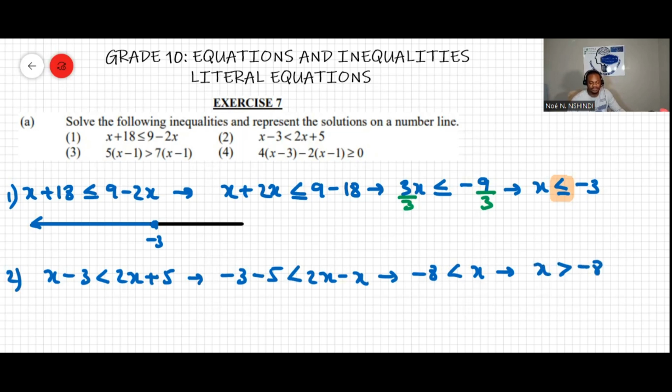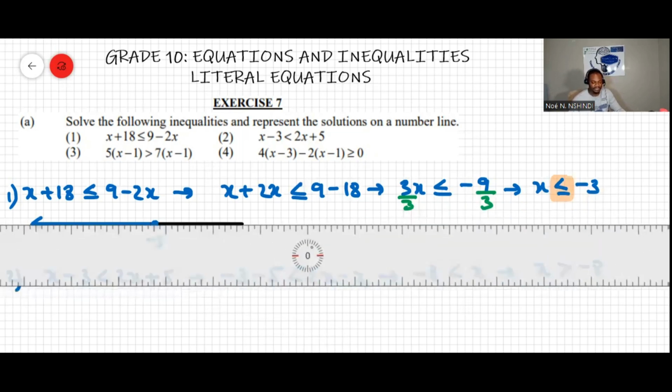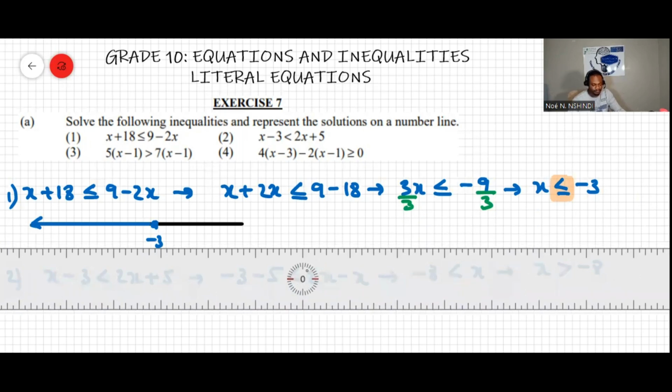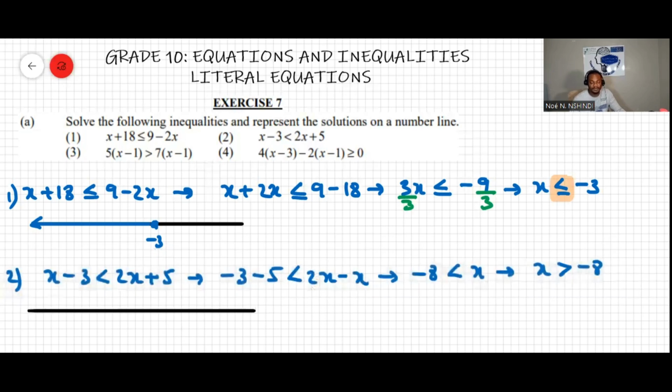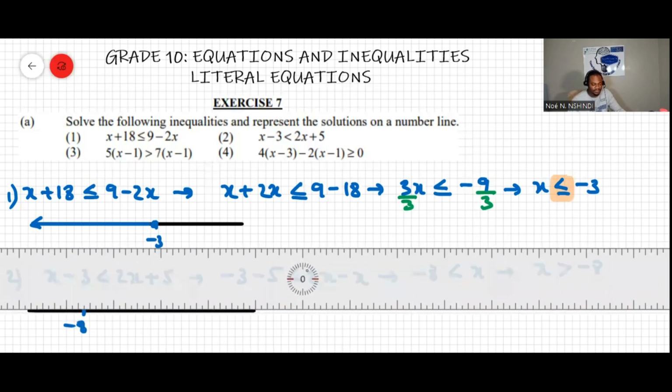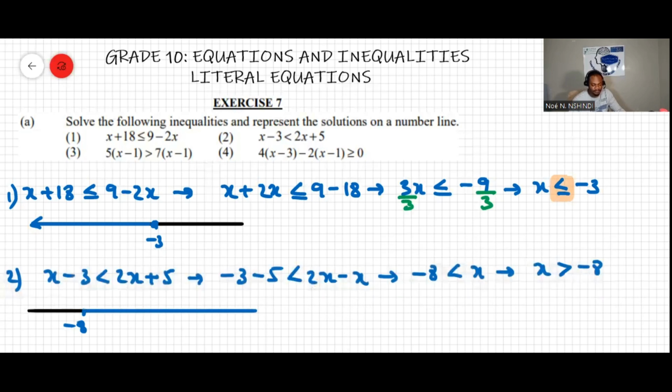So again, we can draw the number line over here. Let's say negative 8 is somewhere there. Negative 8, and then the question says that x is greater than negative 8, so it means all these parts. Okay.